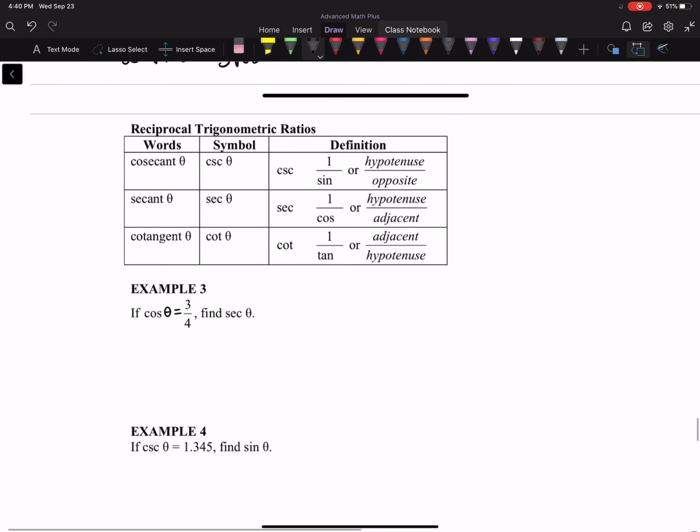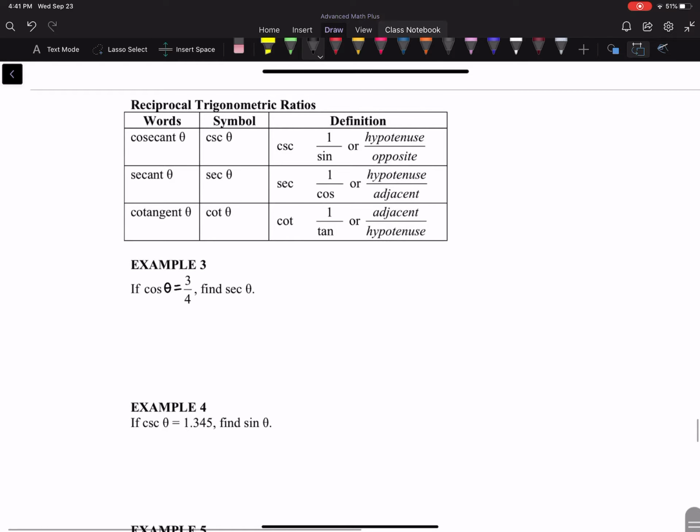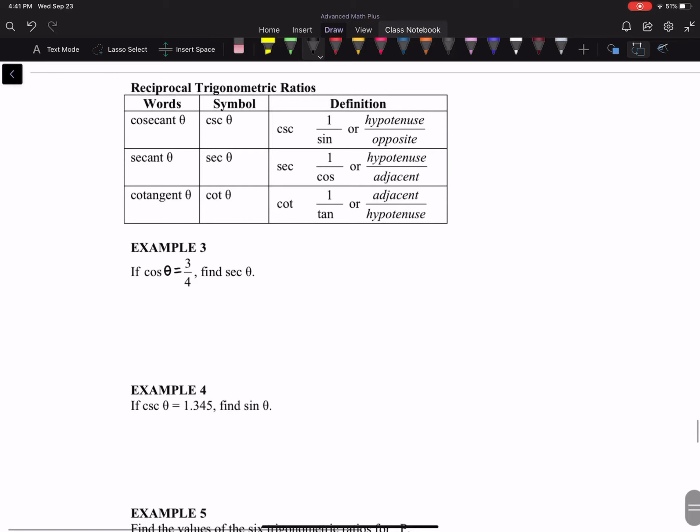The reciprocal identities, I have a mistype on here. If you have these notes at home, you need to fix it, because down here, cotangent is equal to 1 over tangent, or the adjacent over the opposite.